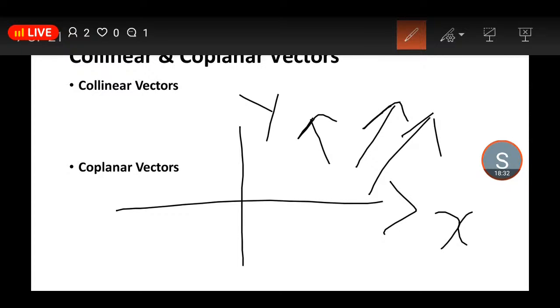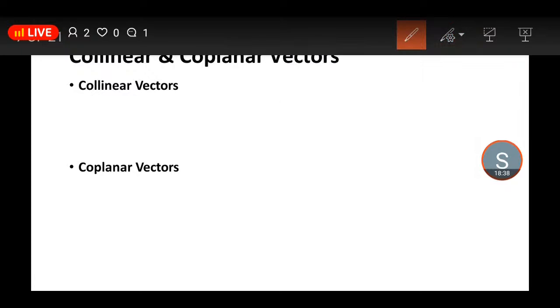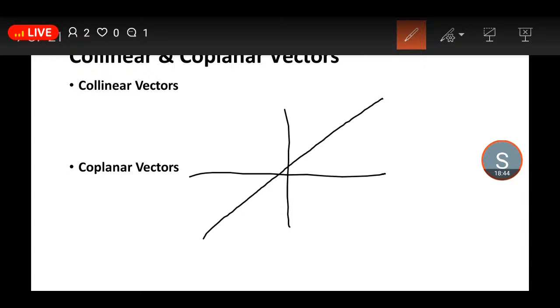If you want to take a 3D plane, draw the z axis also. The 3D plane actually looks like this: this is the xy axes, and another axis perpendicular to each other comes as the z axis. This is 3D.